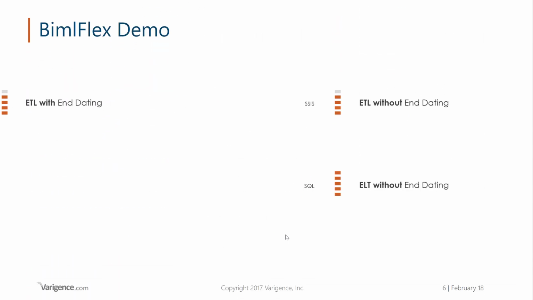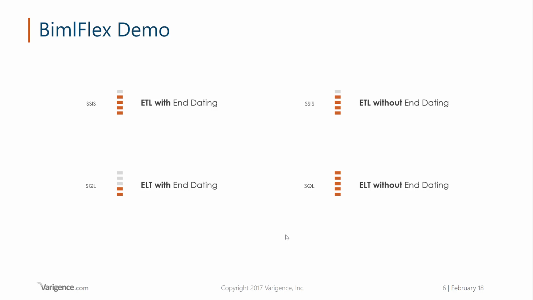So what I'm going to do is show you a BimlFlex demo now. And in this demo, I'm going to look at a couple of different things. With BimlFlex, you can configure your ETL pattern to be SSIS, in other words, ETL. In other words, we can go from source to staging. In this demo that has already been done. I've already done the source to staging. We've already modeled the data vault.